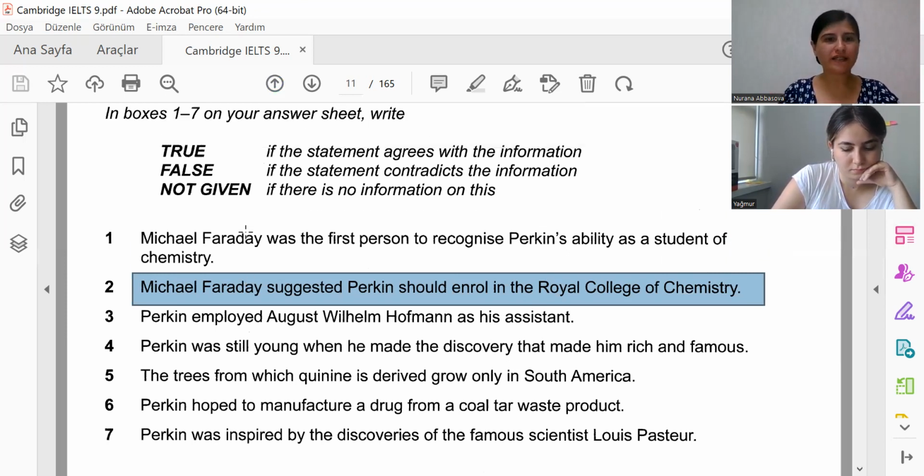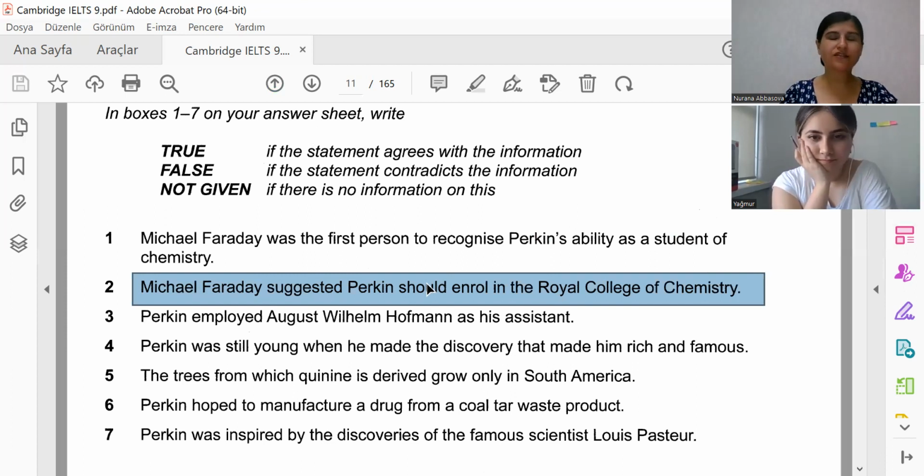Then, true means the information in your question should be the same in the text, equal to this, but never the same words. Sometimes they use the same words, but with different meaning. So you have to be careful. Generally here, synonyms can help you. What do we do? We read and paraphrase it.